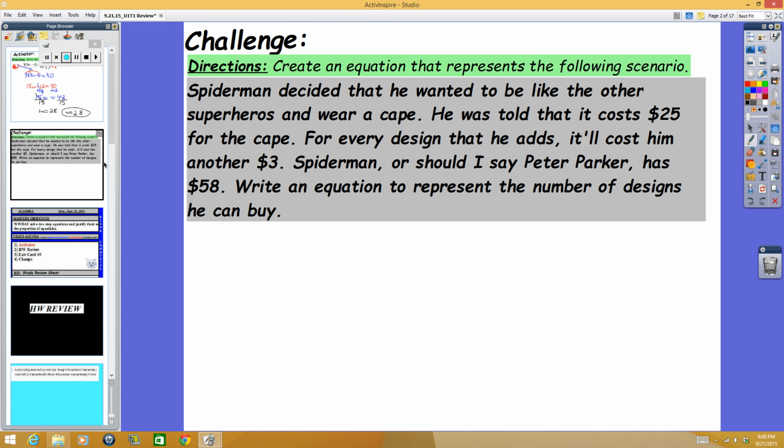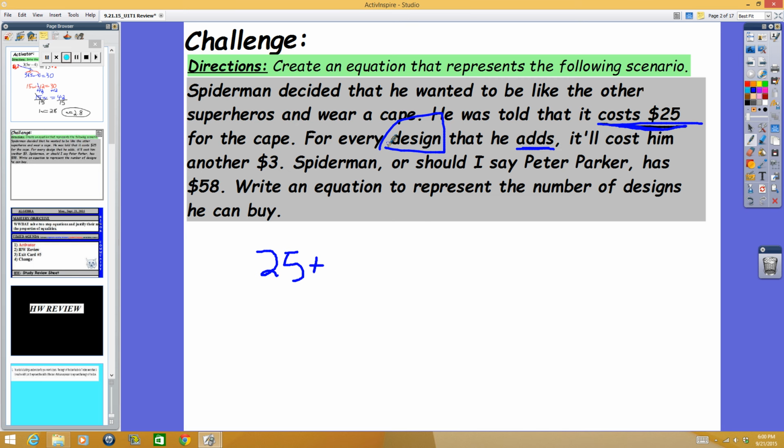Hopefully that made sense. Number 2, I know you guys can read, so I'm not going to spare you the time of reading it, but Spider-Man's buying a cape, blah blah blah blah. It cost him 25 bucks. He's only buying one cape, so that cost $25. It's going to be down there by itself. He's adding some designs on that cape. Adds, hint, hint.